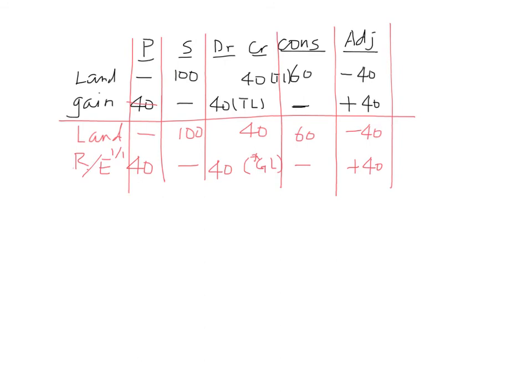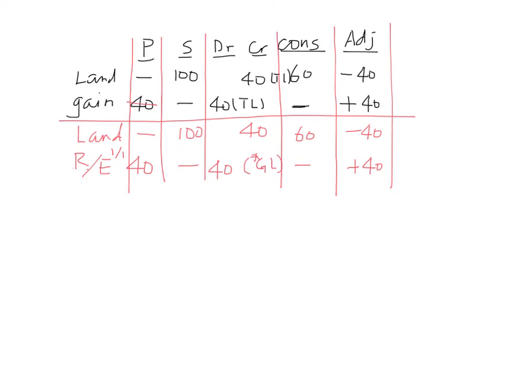In both year one and year two, black and red, in year one, it's on the sub's book at 100,000, and then we adjust it to 60. The second year, it's 100 again on the subsidiary's book, so we need to adjust another 40 to make it 60 again. So again and again, we make the same entries until we sell the land.